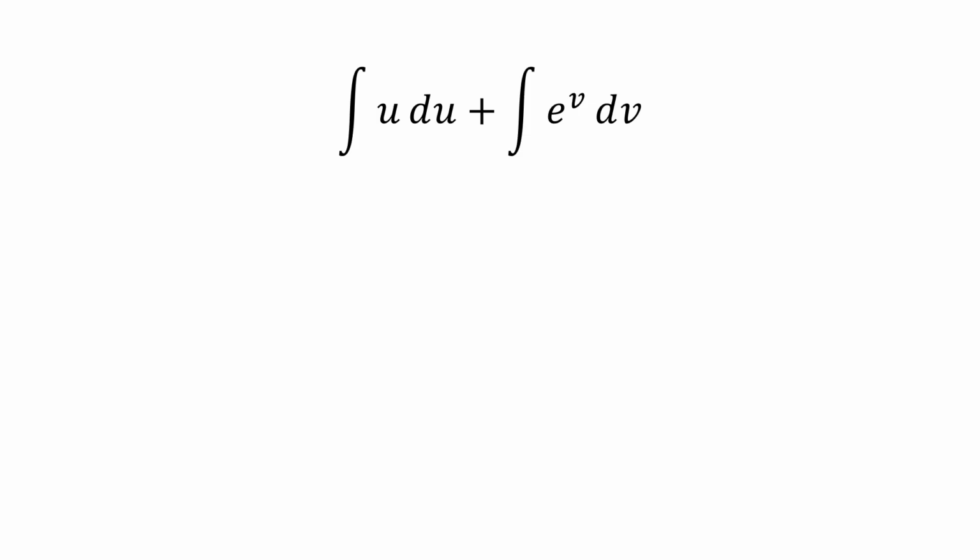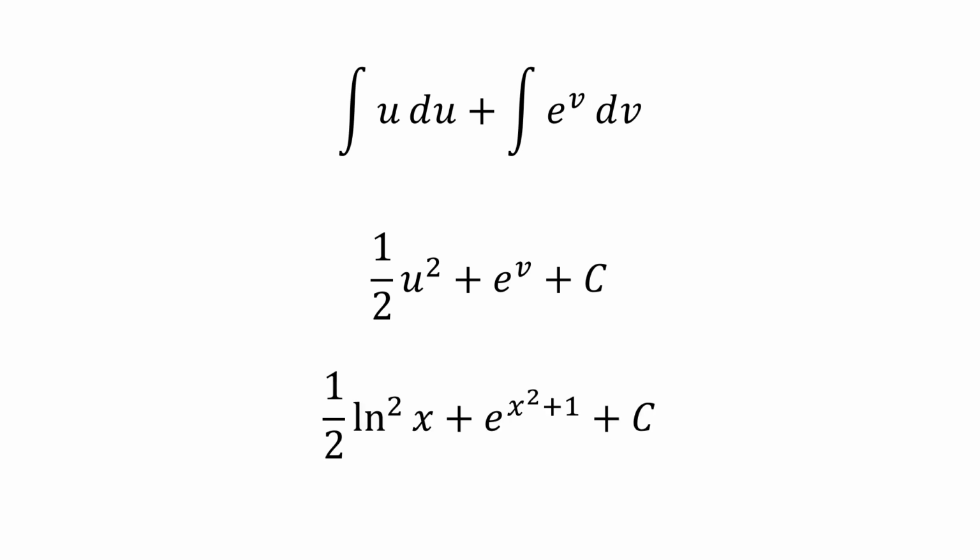Integrating gives us 1/2 u squared plus e to the v plus c. Back substituting, we arrive at a final answer of 1/2 ln squared of x plus e to the x squared plus 1 plus c.